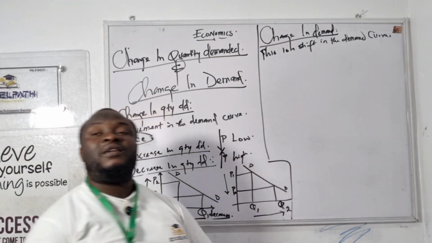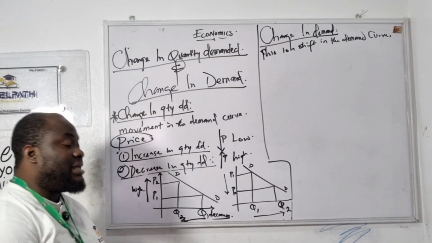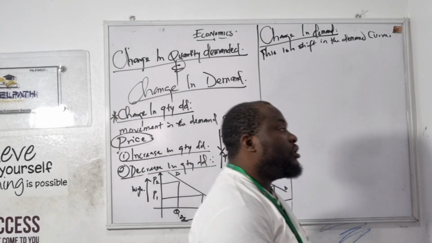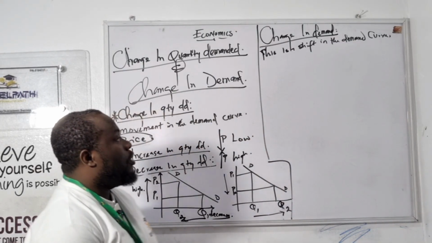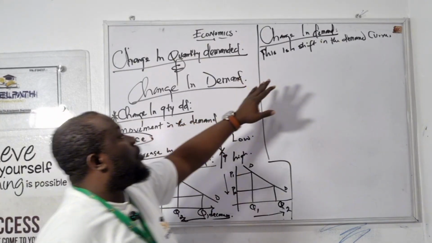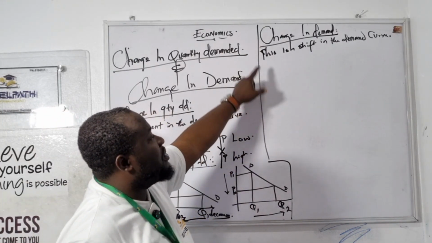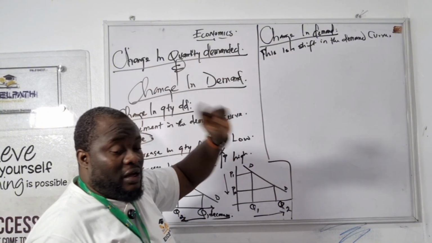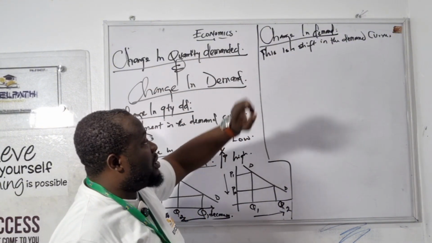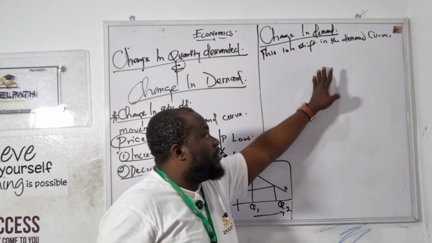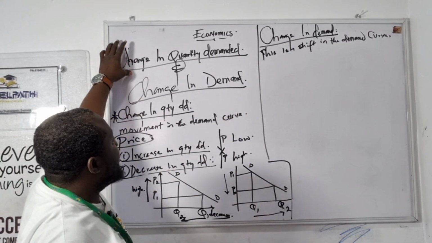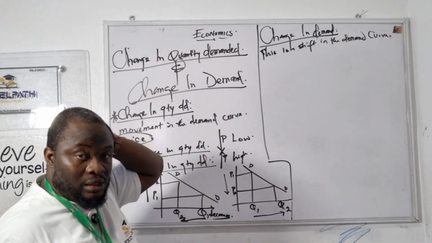Then all other factors like price of other commodities, income of the consumer, weather condition, change in taste, war, what have you, all cause a change in demand. All other factors affecting demand cause a change in demand, while it is only price that causes a change in quantity demanded.